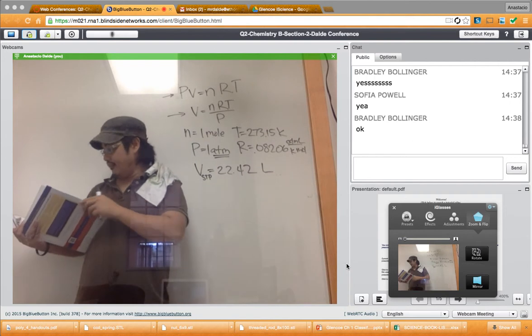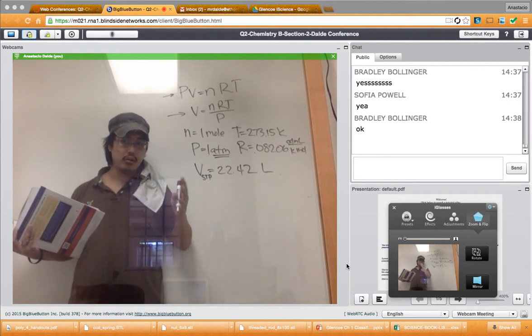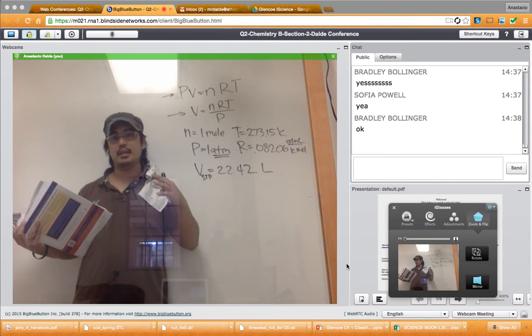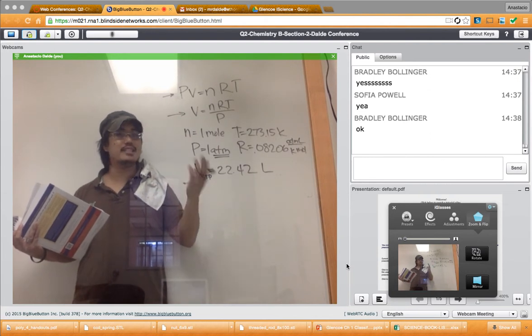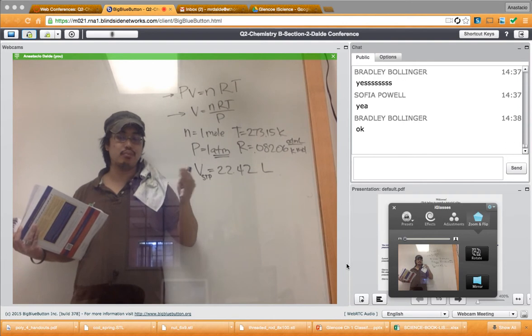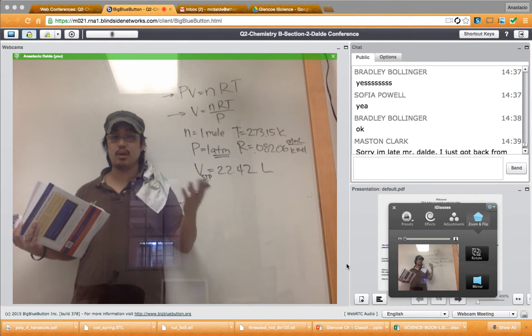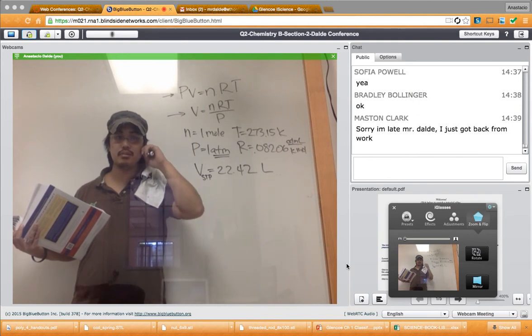This is the volume that all ideal gases will be at if you have it at a very standard temperature and pressure. By standard temperature and pressure, I mean about 0 degrees Celsius and pressure of 1 atmosphere. We cool? All right.